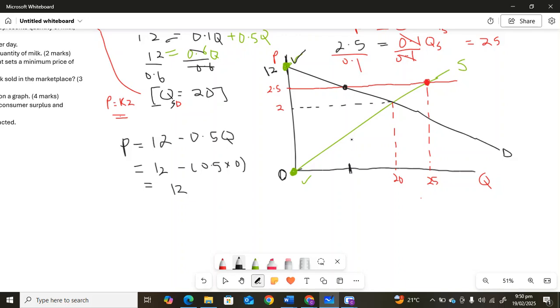So when the government puts this price floor of 2.5 kwacha, we say the quantity supplied is 25 million. What about the quantity demanded? This 2.5 kwacha, we substitute it into the demand function. So P is going to be 2.5 equals 12 minus 0.5 QD.